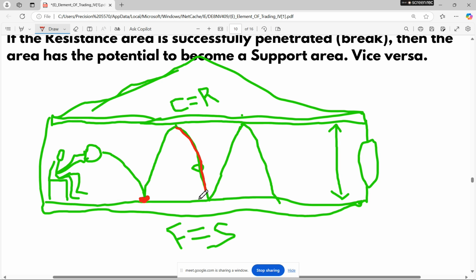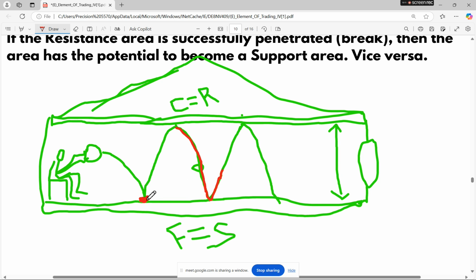When the market comes down again and reaches this horizontal level, bounces off this area, creates a swing low and starts moving up, it has confirmed that area as a verified support.